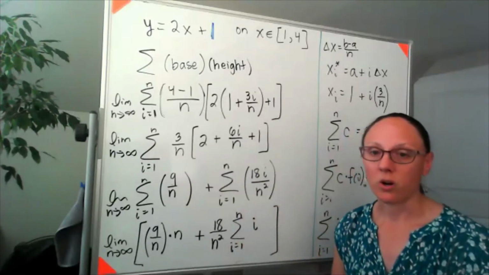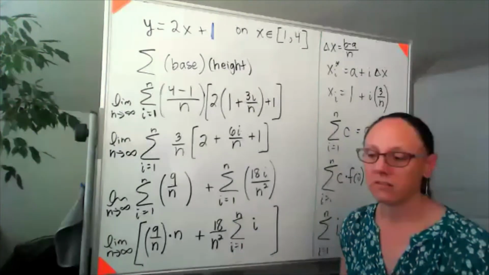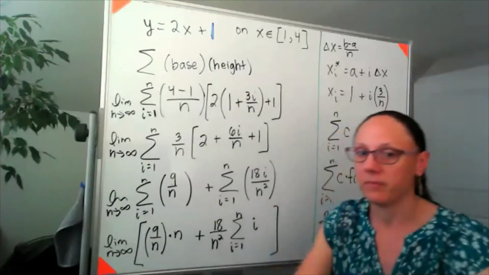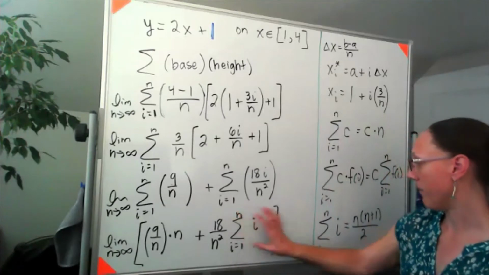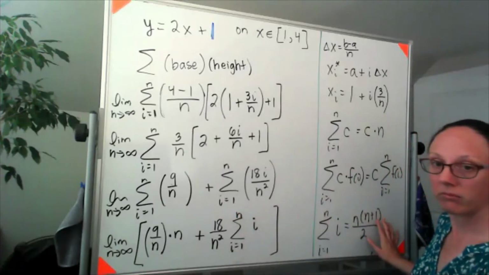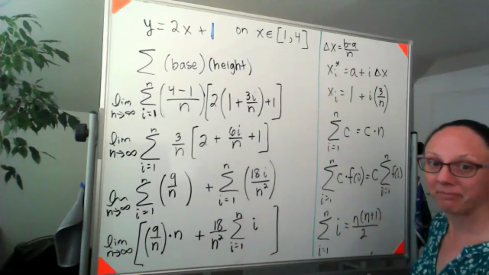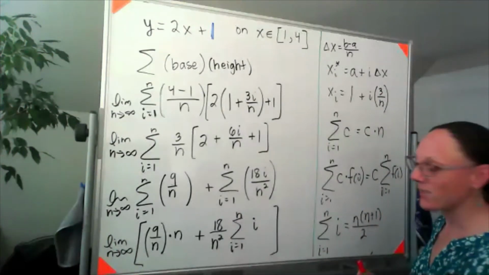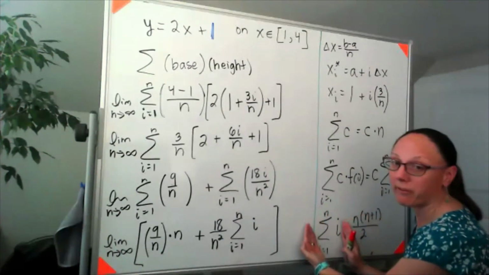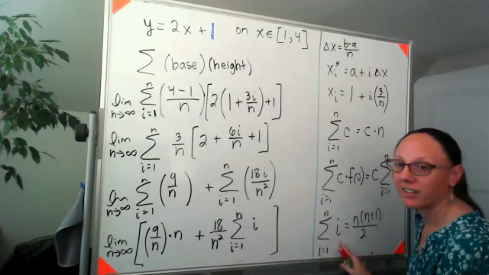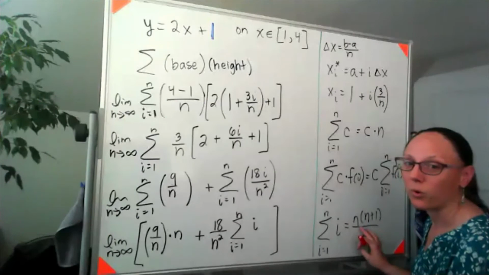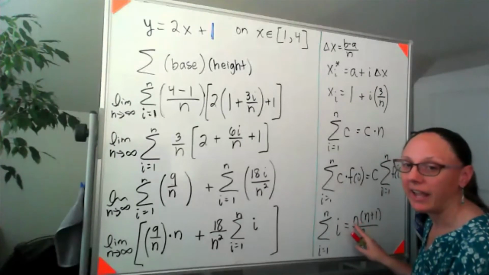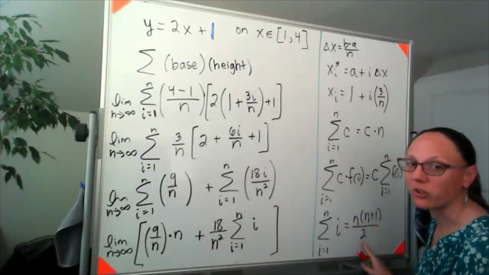And because I'm short on board space, I'm going to magic this over. So I know that my sum from 1 to n of i works out to be n times n plus 1 over 2.